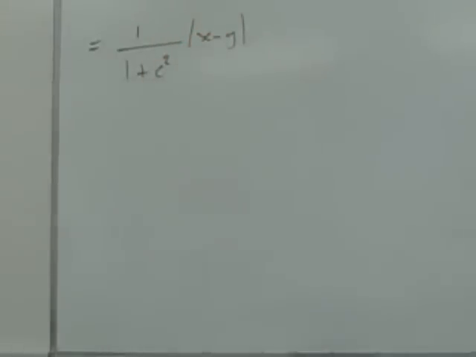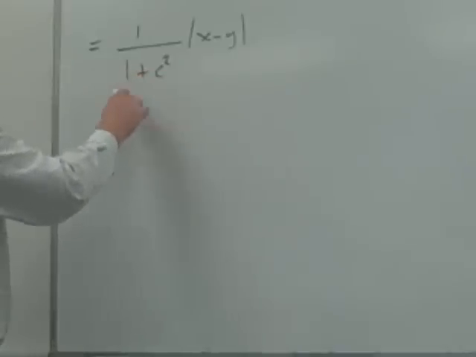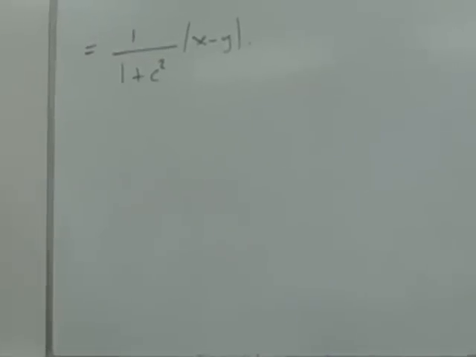Now we don't know what c is. 1 over 1 plus c squared is always less than or equal to 1, but here, let me make this for x in (0, infinity).